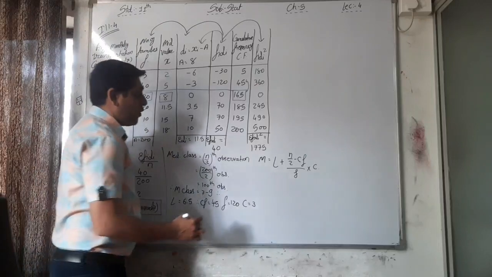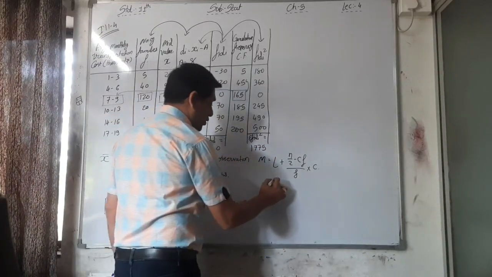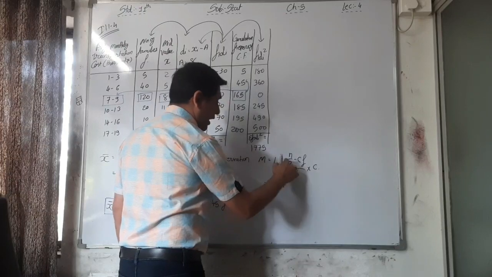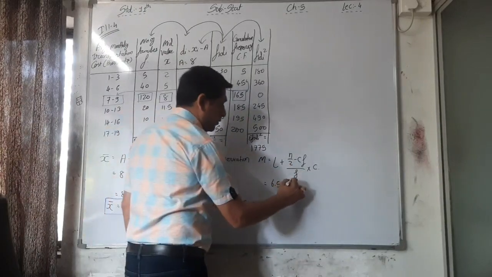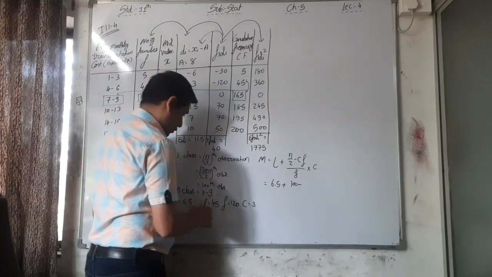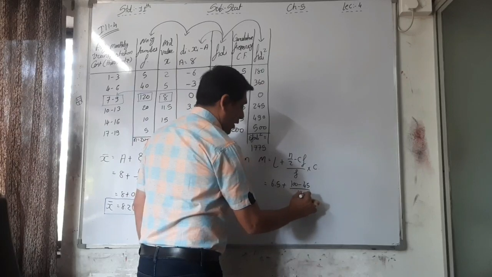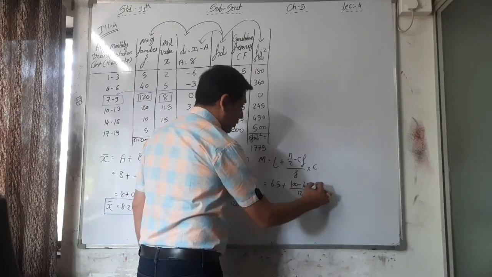Okay, now put the values here. L is 6.5, plus N by 2, 100, minus CF 45, divided by 120, into C, which is 3.